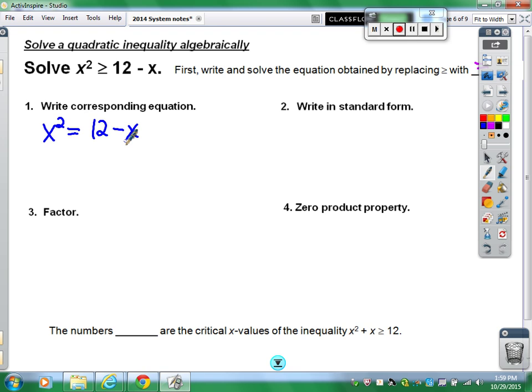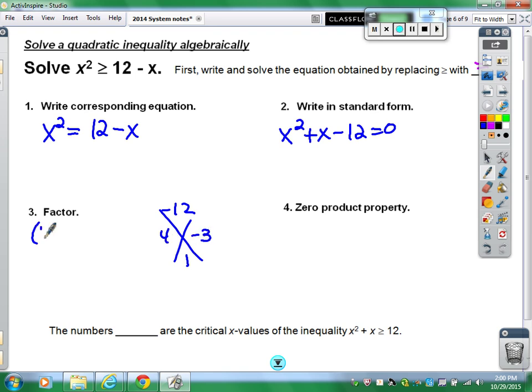So step 2, we're going to write it in standard form. We're going to get ready to solve this. So subtract x, or add x, and subtract 12. All right, let's factor it. What multiplies to give you -12, but has a difference of 1? So 4 and -3.